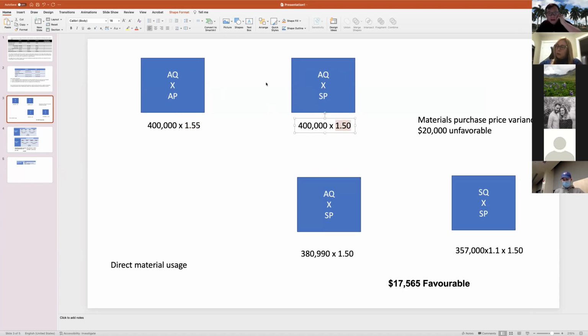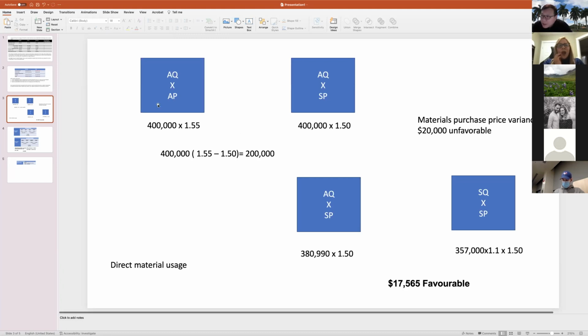So when I compare these two, the difference, if I use the left box minus the right one, the difference should equal 20,000, right? Because the price is 5 cents higher than the standard rate.